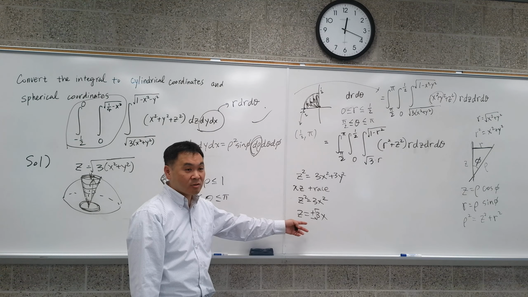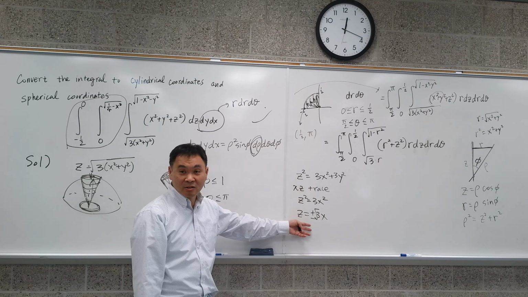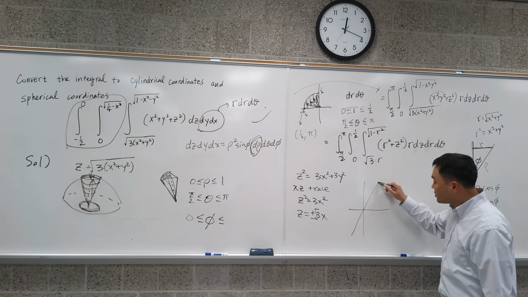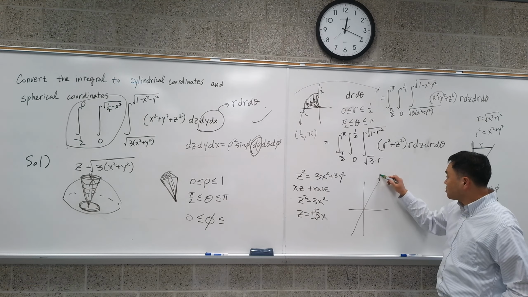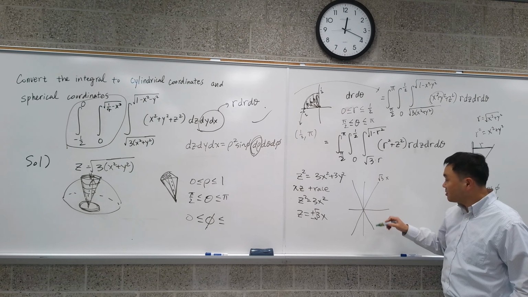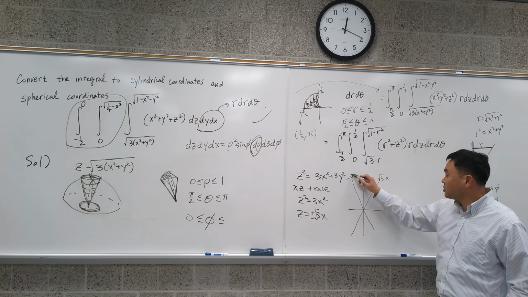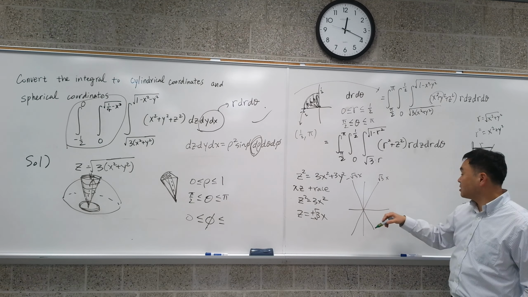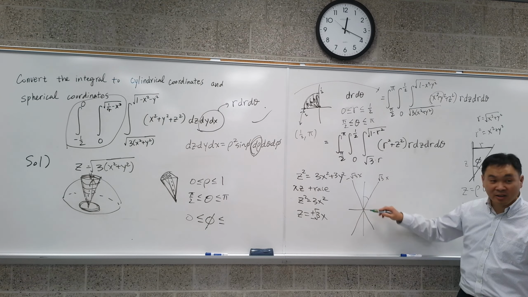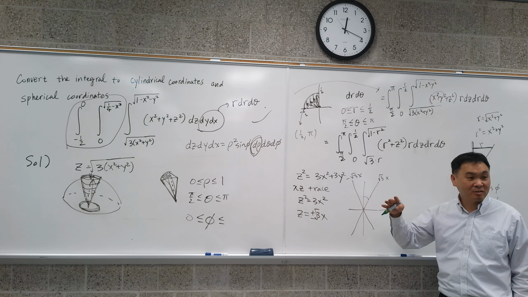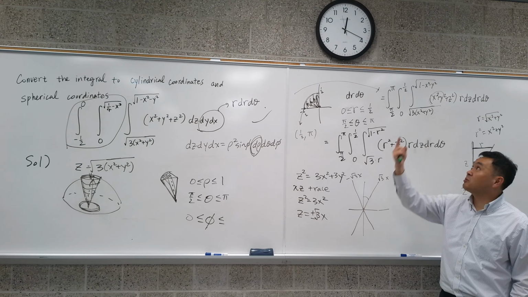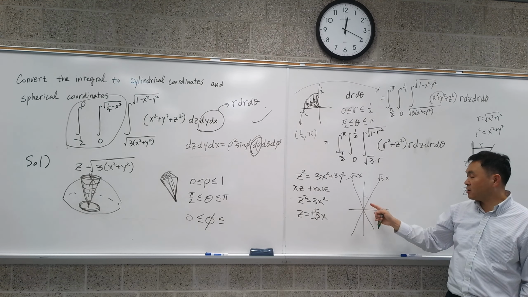These are two lines, right? There's one line that has a positive slope, square root of 3 times x. There's another line that has a negative slope, negative square root of 3 times x. And then phi here will come down as far as this line, and then it stops. Does that make sense? Okay, it's going to go from the top and go down as far as this point.